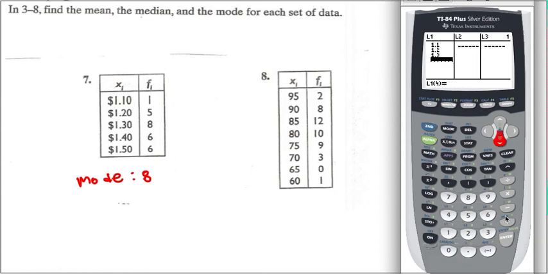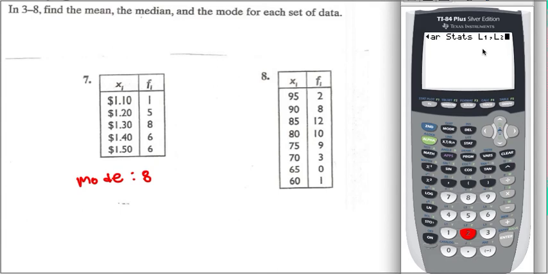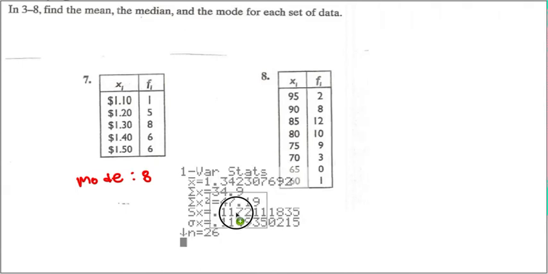Then the frequencies: 1, 5, 8, 6, 6. Now, in fact, it's not 2-variable but still one-variable stat, because the second one is how many times it repeated. So we need to incorporate both lists. If I put L1, L2, the first one becomes the value, the second one becomes the frequency, how many we had. Press enter, and this is the value that we end up getting.